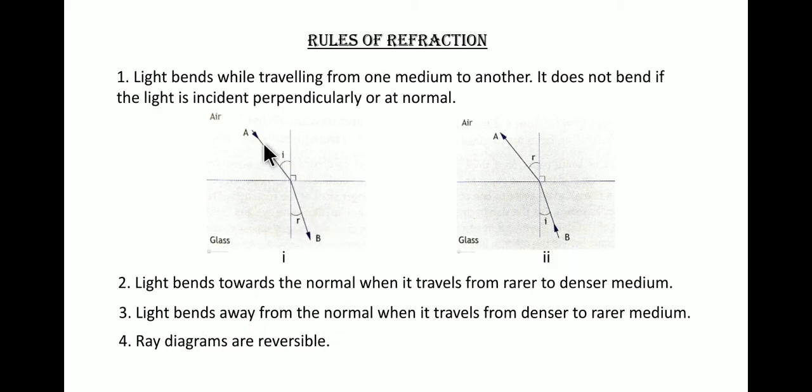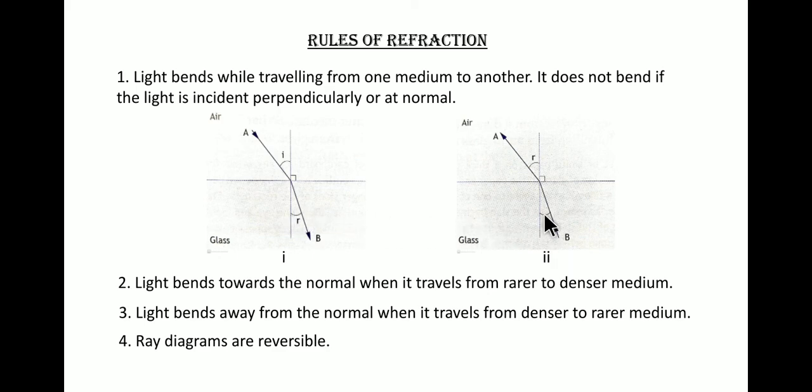Over here you can see that when this light is incident on the surface, a small angle is formed. This angle is called the angle of incidence, and when it refracts, when it bends inside, another angle is formed between the normal and the refracted ray. This is called the refracted ray. So this angle is called the angle of refraction.